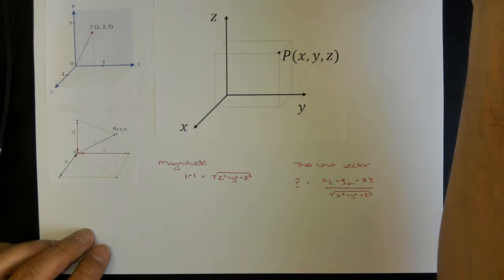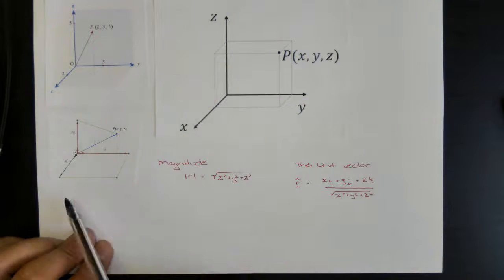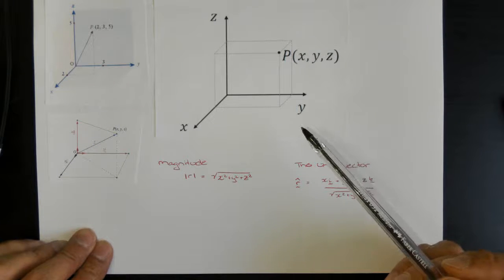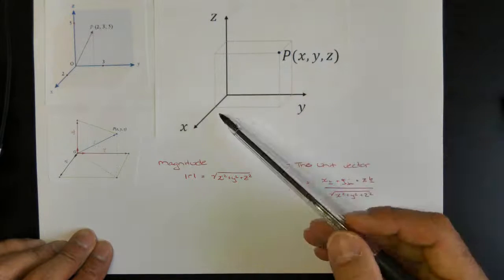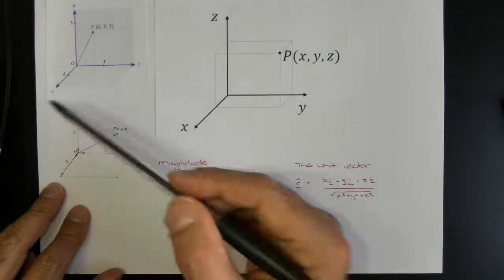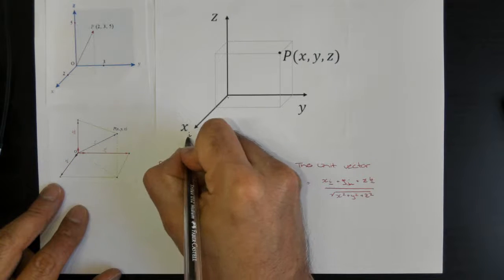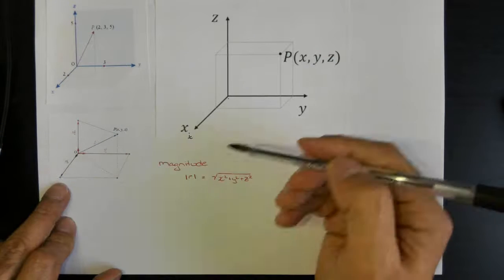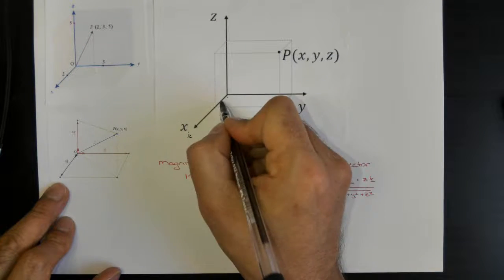So in 3 dimensions, I just got these from different internet sources. We have 3 axes, right? We have the x axis, or the i component, coming out at 45 degrees.